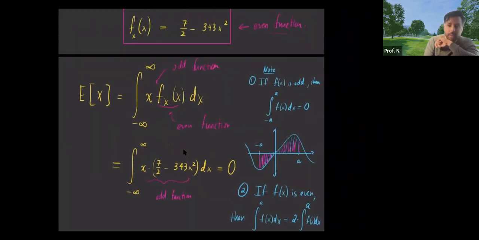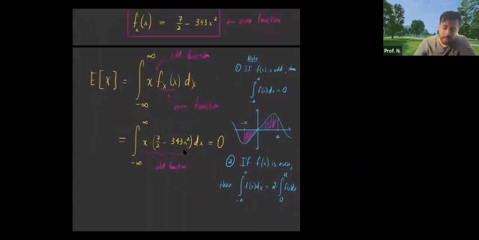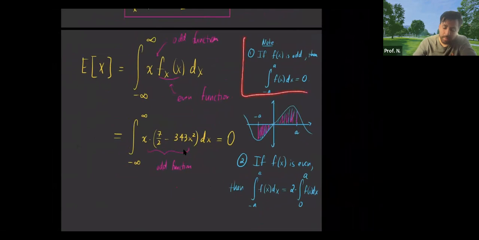So the expected value of x is 0. This is very useful for integration. It just helps with integrating odd and even functions when you have symmetric bounds.